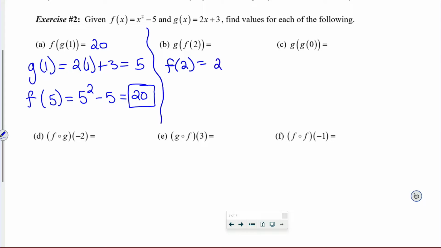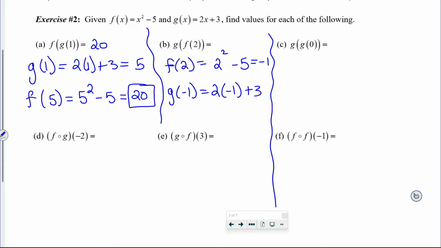And that's going to be 2 squared minus 5, which is 4 minus 5, and that's equal to negative 1. And then I want g of negative 1, which is going to be 2 times negative 1 plus 3. That's negative 2 plus 3, and that's just equal to 1. So g of f of 2 is equal to 1.